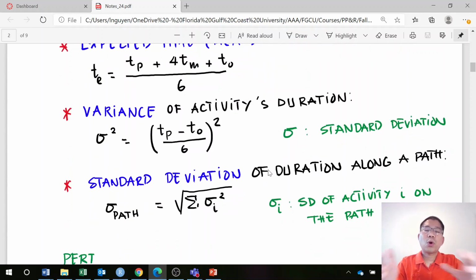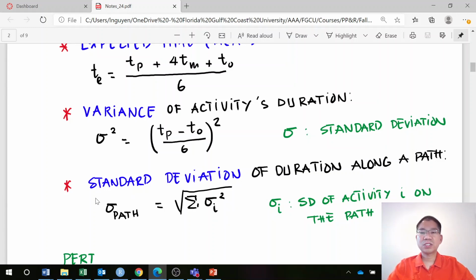When you have already determined the path of the project, including a series of activities, then we can determine the standard deviation for the duration along the path that includes multiple activities. In this case, you can add sigma squared. So you can add the variance, but you are not allowed to add the standard deviation.